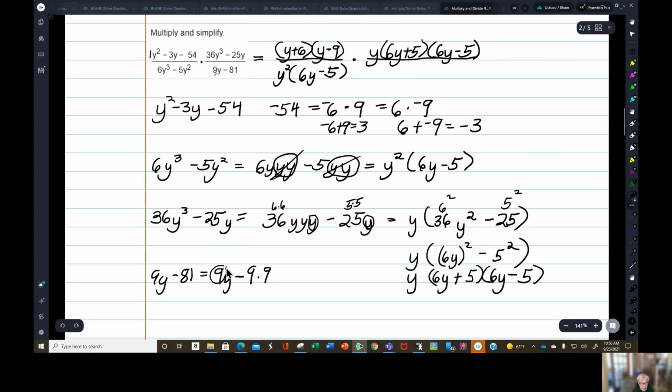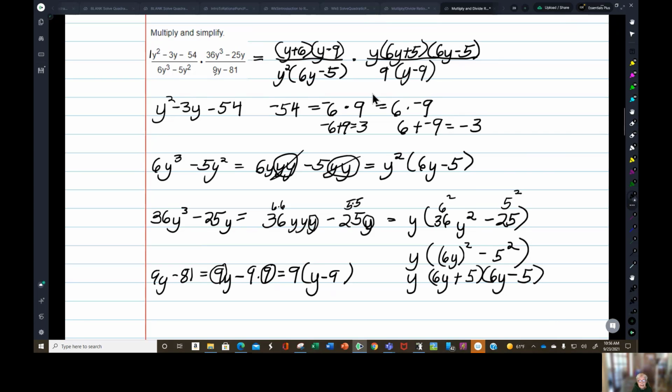Both terms contain a positive 9, so I'll factor this by GCF: 9 times y minus 9.